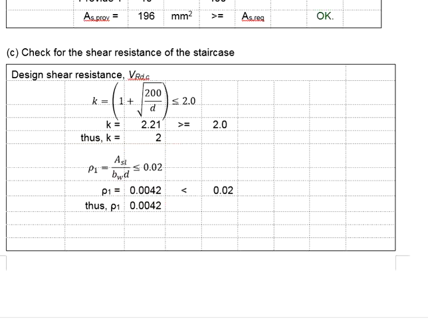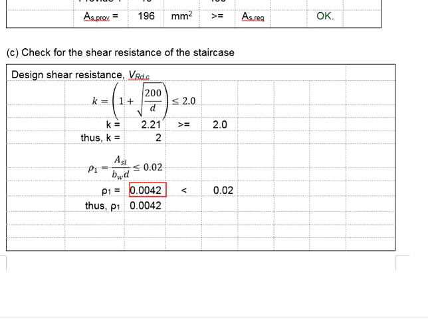You know that the amount of the reinforcement bar provided is about 0.4% of the effective cross-sectional area. You're going to check against the limit of 2%. If it is greater than 2%, you will assume your rho 1 equals 0.02, which is 2%.